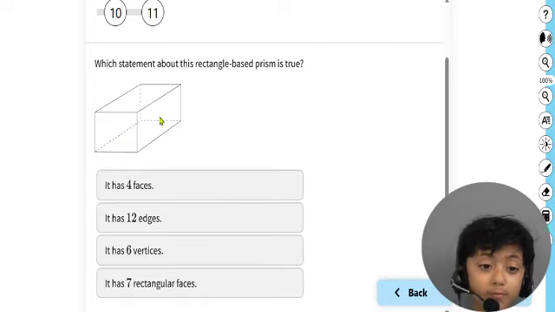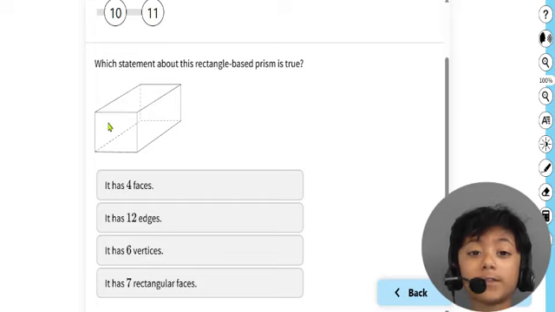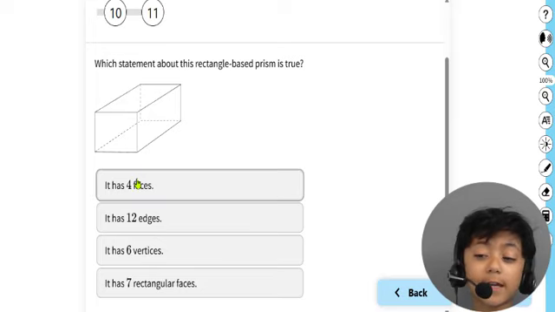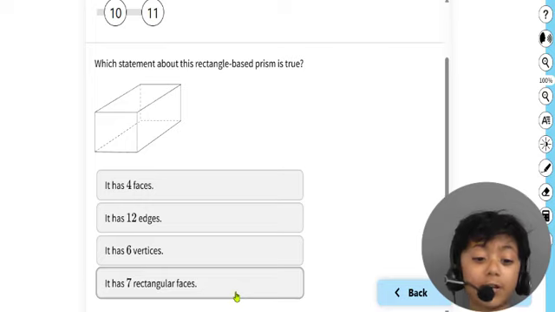There's one here, one on the other side, one on the top, one on the bottom, one here and one here, for a total of 6 faces. So this answer is incorrect. And this answer is also incorrect because it says it has 7 rectangular faces, but in reality it has 6.